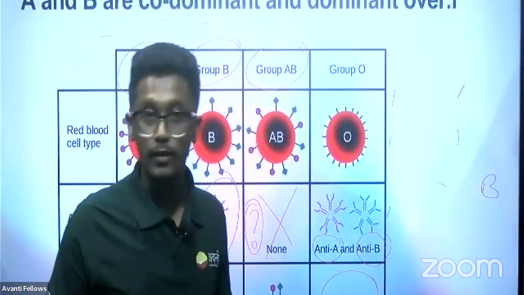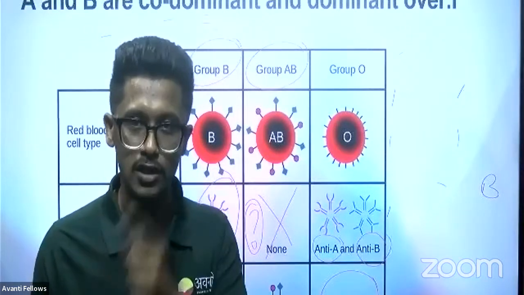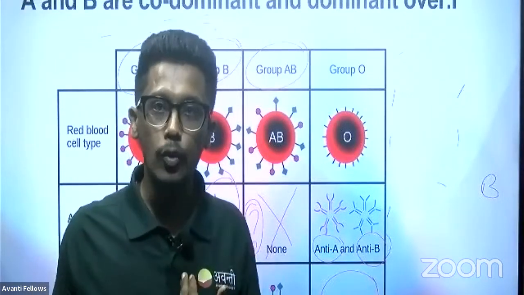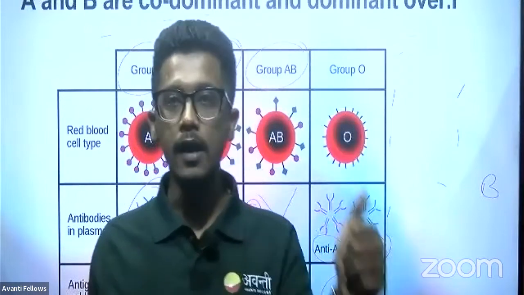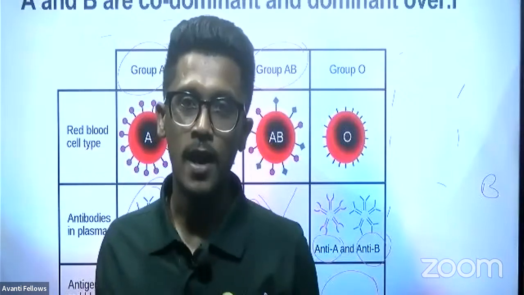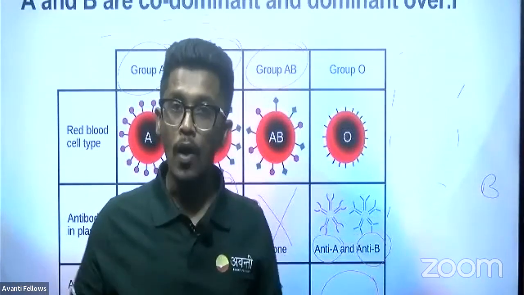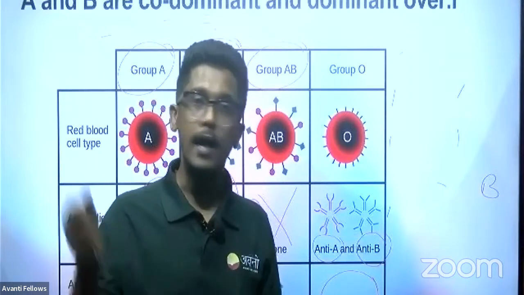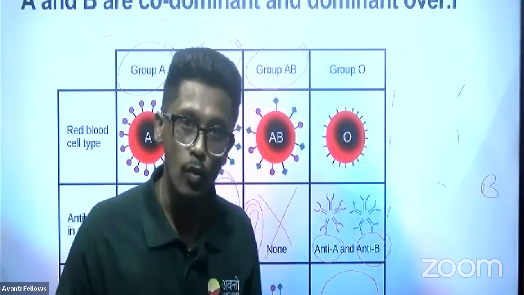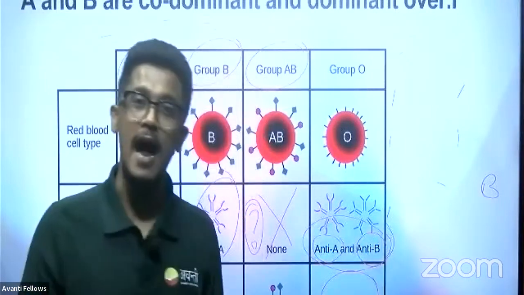That means these people can donate blood. They are called universal donors. As an O blood group person, I can donate blood to A, to B, to AB as well as O. But can I accept blood from any of these groups? No, I can't accept blood from A, B or AB. Why? Because my blood plasma has fighters. What fighters? Antibodies.